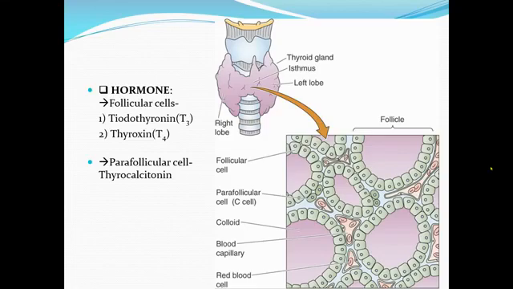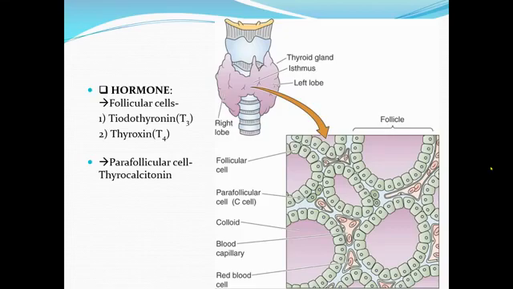Here you should know the sources of iodine. The sources of iodine are iodized table salt, the salt we eat, sea fish, vegetables near the sea coast, and water.